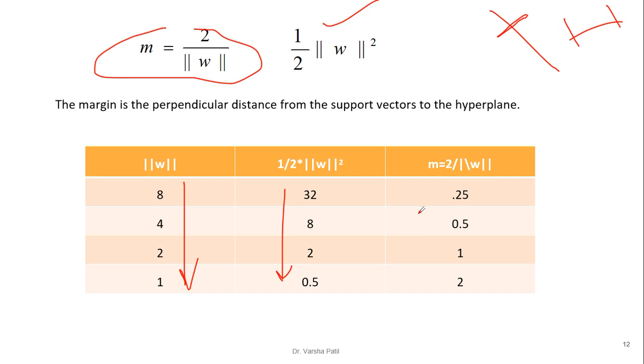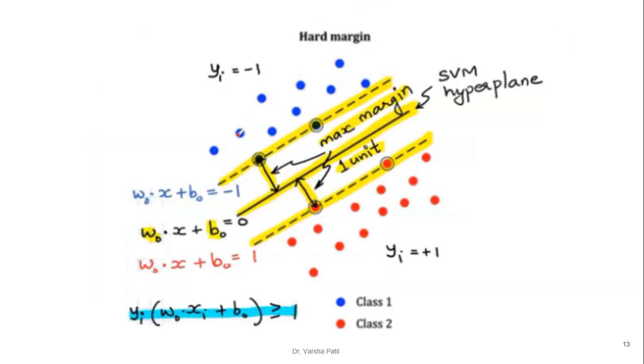As 1/2 ||w||^2 is minimized, the margin increases. So in this way we need to keep the norm of the vector minimized, so that this term is minimized and this term is maximized.